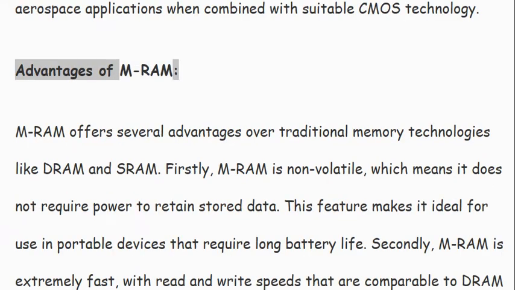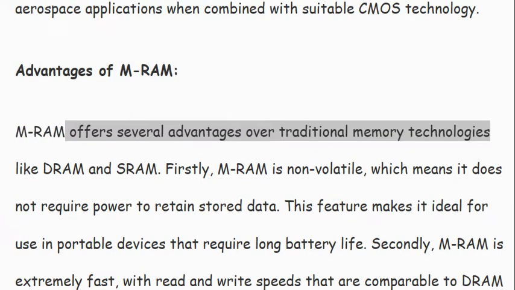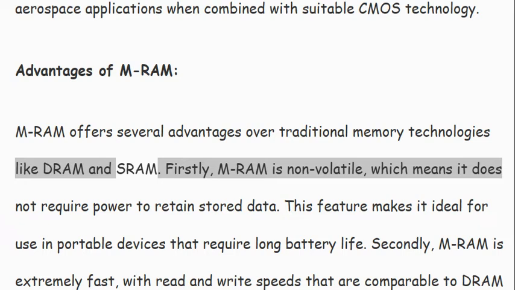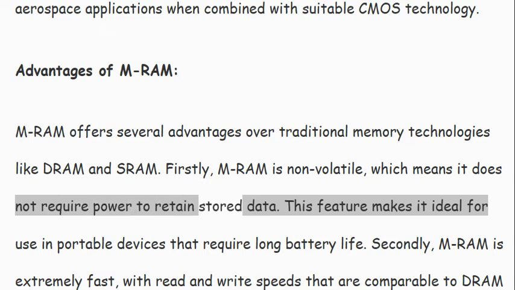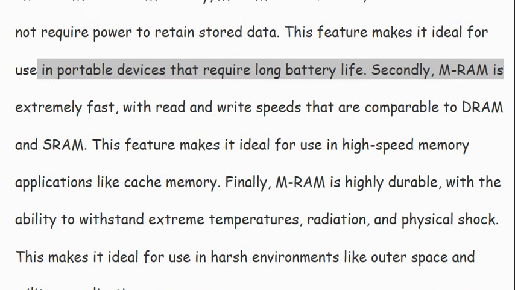Advantages of MRAM. MRAM offers several advantages over traditional memory technologies like DRAM and SRAM. Firstly, MRAM is non-volatile, which means it does not require power to retain stored data. This feature makes it ideal for use in portable devices that require long battery life.